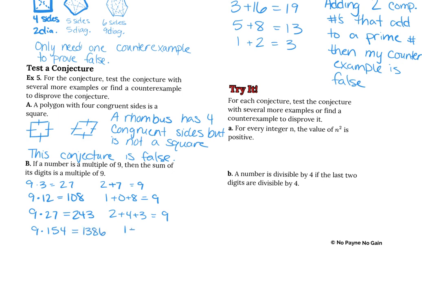So 1 plus 3 plus 8 plus 6. Well, I'm going to get more than 9 this time for sure. But I get 18, which is a multiple of 9. So this conjecture is true for the cases that we tested. We only tested 4, but so far every single time we tested it, it does appear to be true.